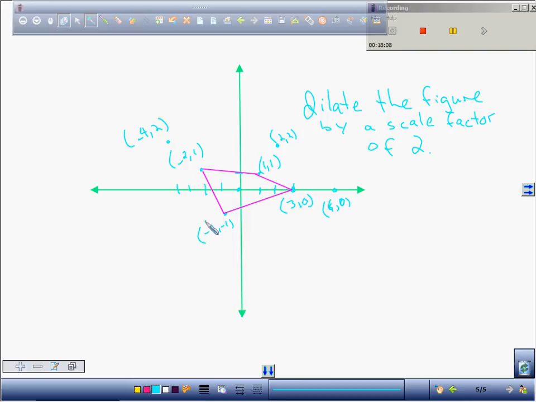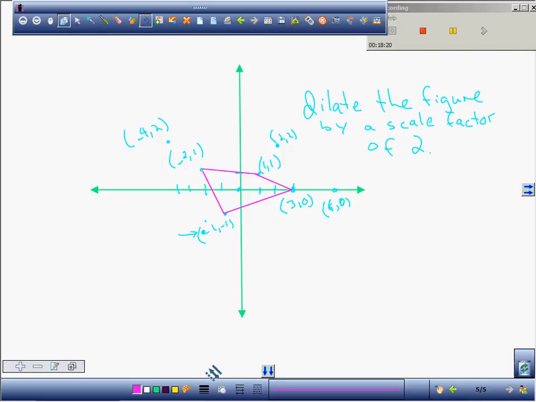So maybe this point right here, that's not a very good picture. It's somewhere like right over here. So that's the next point, negative 2, negative 2. And then if I connect all those, using my straight line tool in a different color, yellow, I should get a figure.